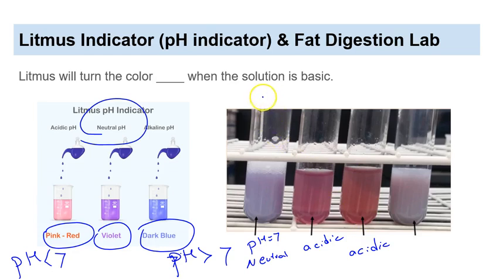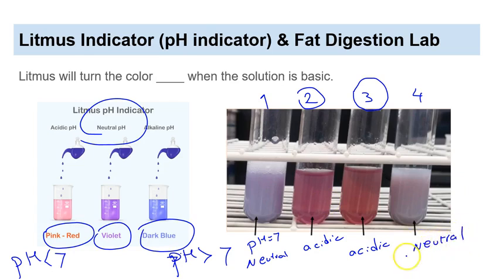Let me name these as number 1, 2, 3, and 4. So the test tube number 3 solution is more acidic than number 2. And then the last one is kind of getting to pink from lavender. It's going toward acidic, but still it can be neutral, so let me write it down: neutral toward acidic.